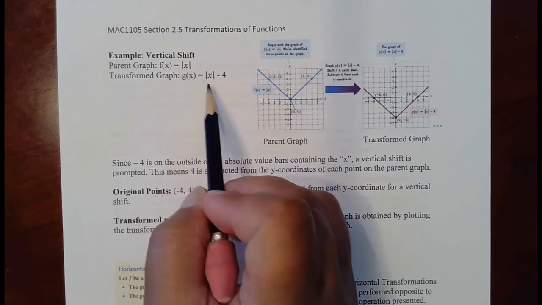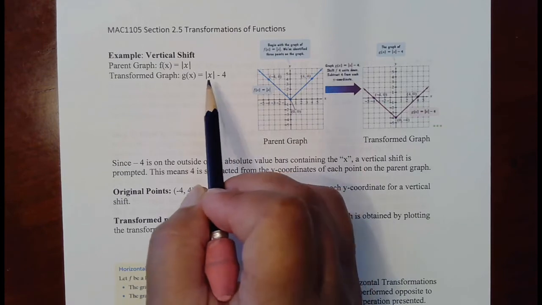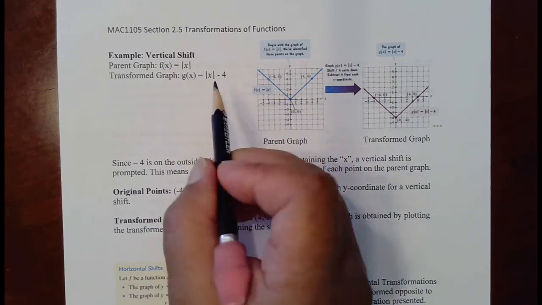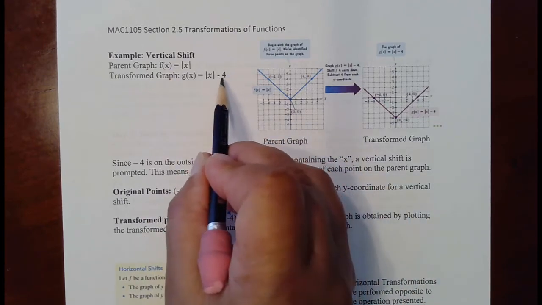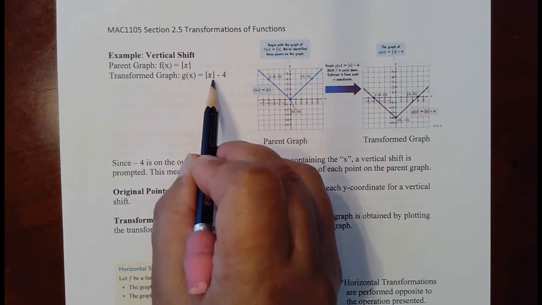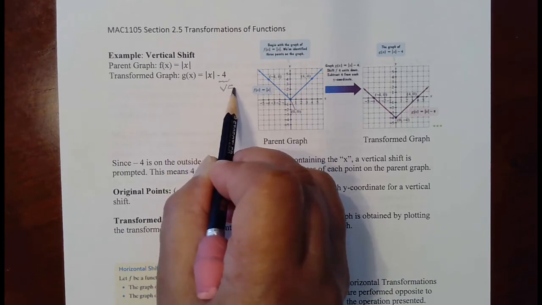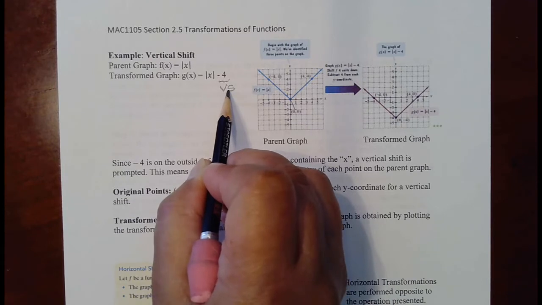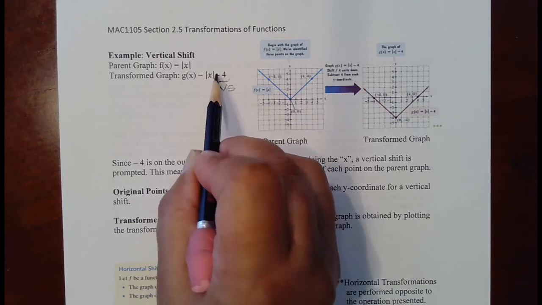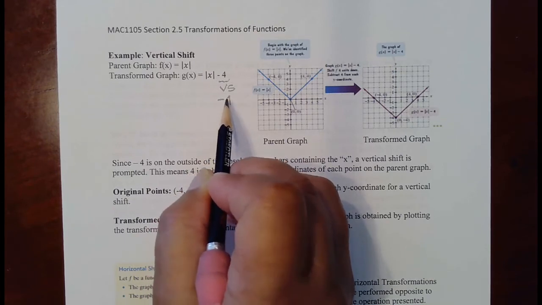Because this number is not inside the grouping symbols with the x that give it the shape, this is what's known as a vertical shift, and you will act upon that vertical shift by using the same exact sign. That is always true of vertical shifts. Use the same exact sign as you see in this equation as you transform the points.